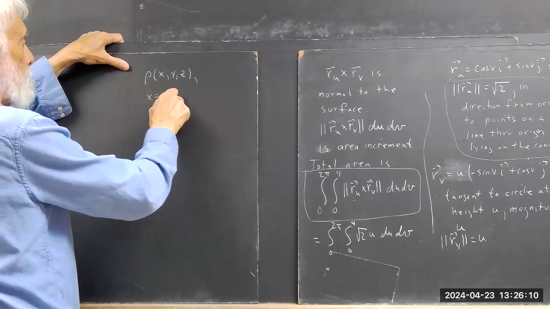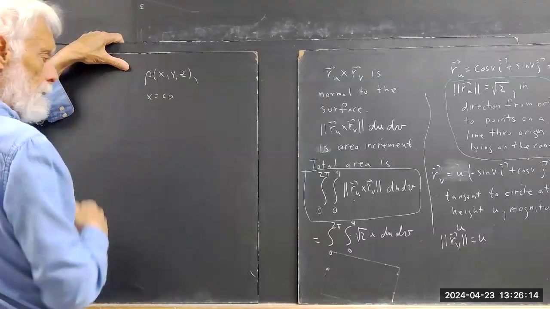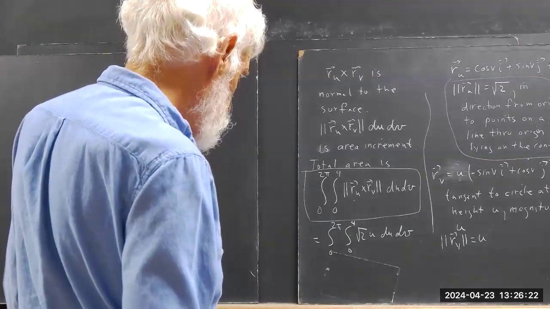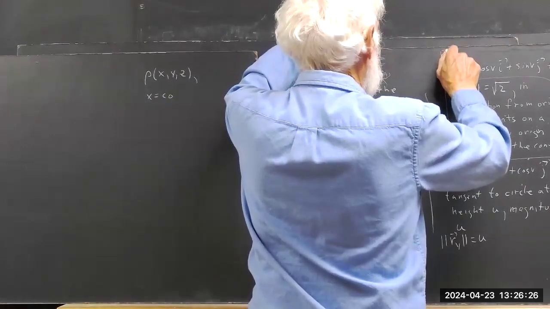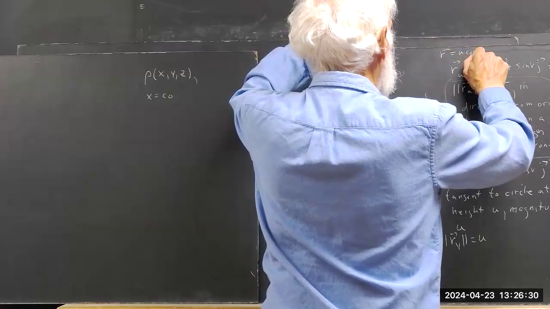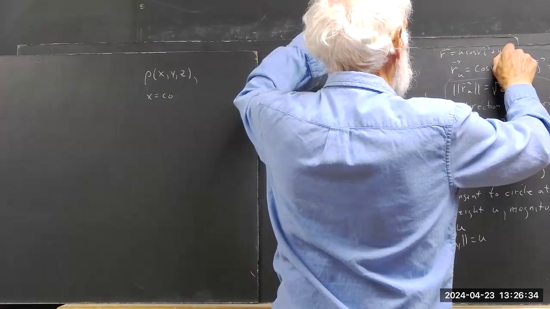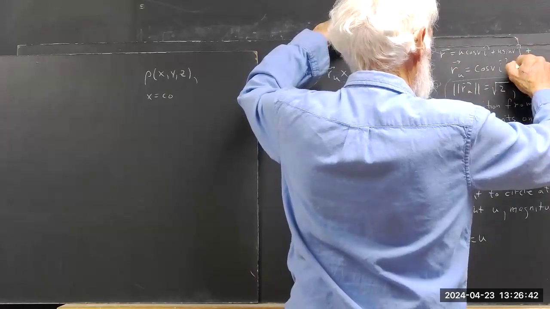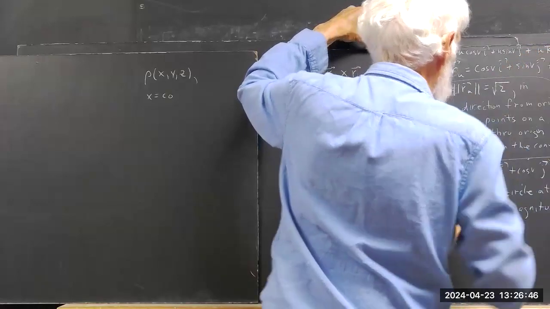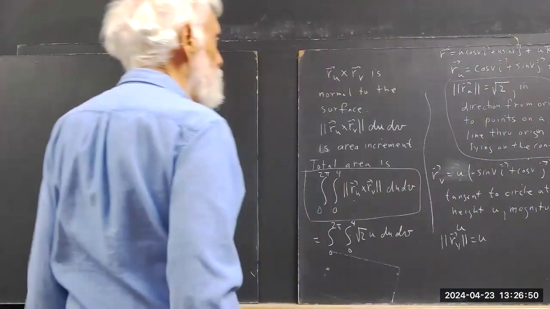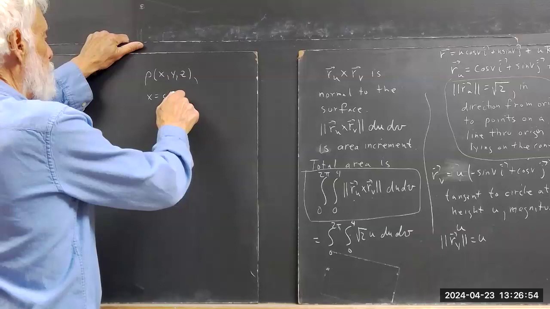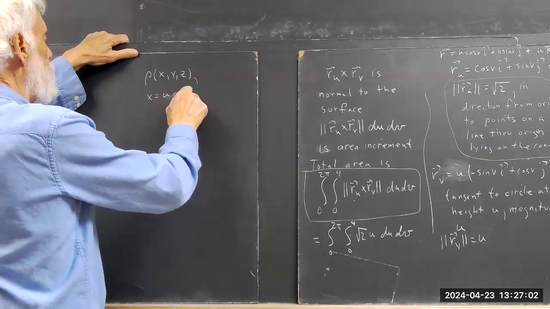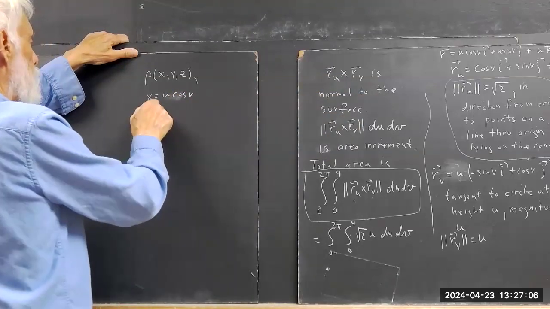I didn't write your parameterization here, so let's just write it: R equals U cosine V i plus U sine V j plus U k. Simple column. So x equals U cosine V.